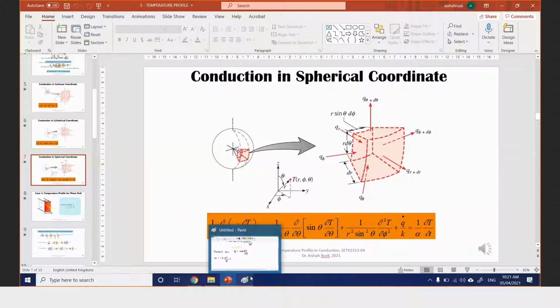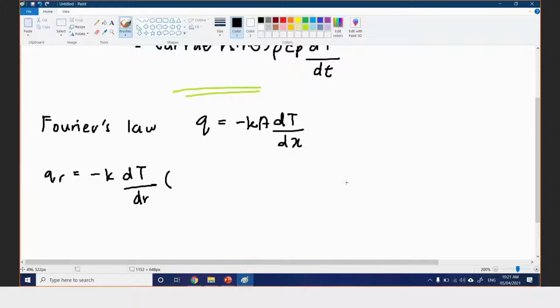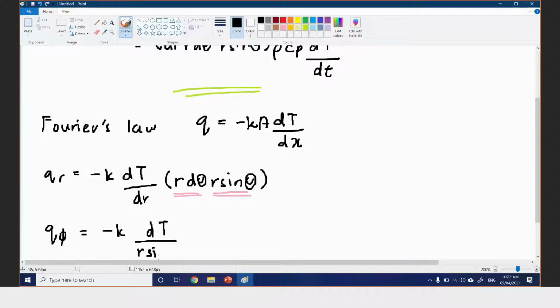Basically, the other two dimensions that do not involve dr make up the area, so we have r d_phi and r sine theta, because this is the height and this is the length. For Q_phi, we have minus k dT over r sine theta d_phi.